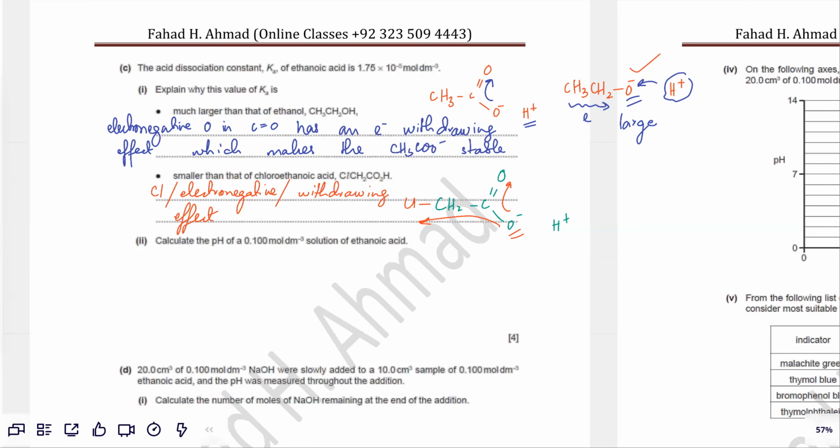Okay, so you're going to talk about that, and you're going to talk about this Cl, CH2, CO minus 1 being stable. I mean, the negative charge would be lesser, so it won't attract the H plus 1. So is this clear? Yes, sir.